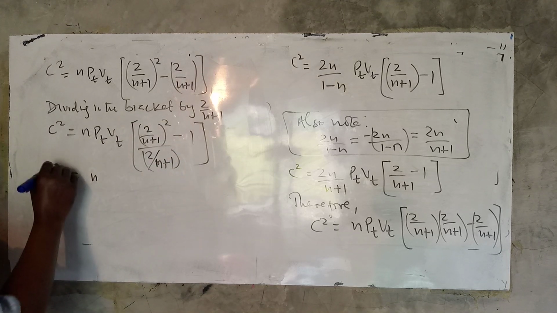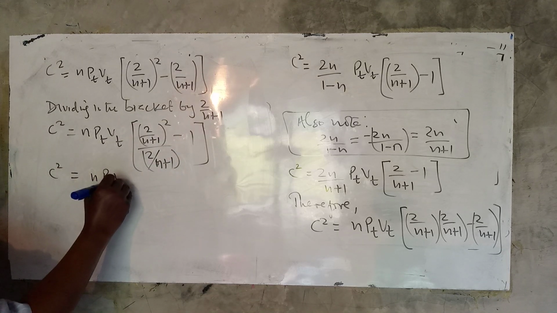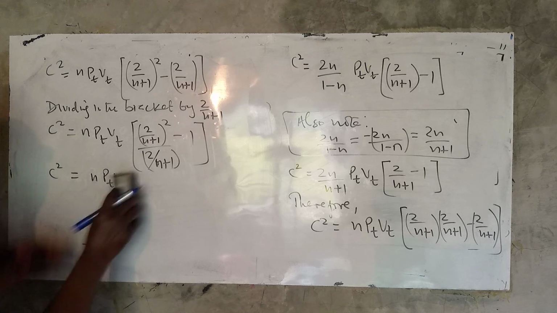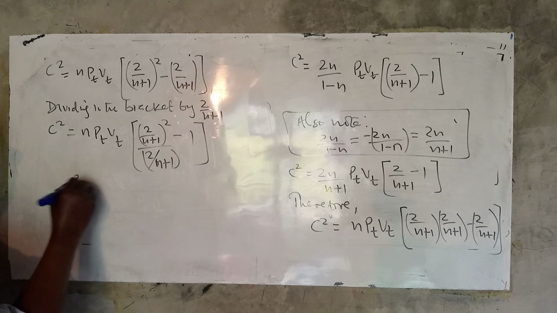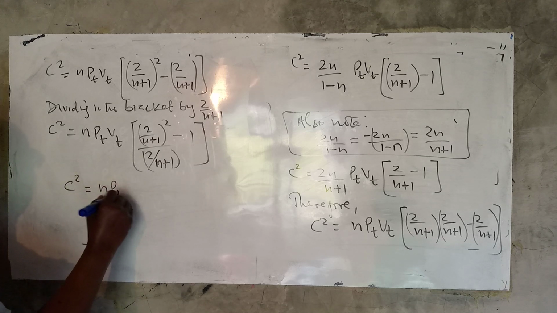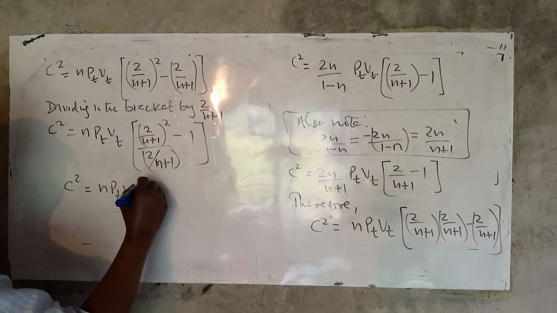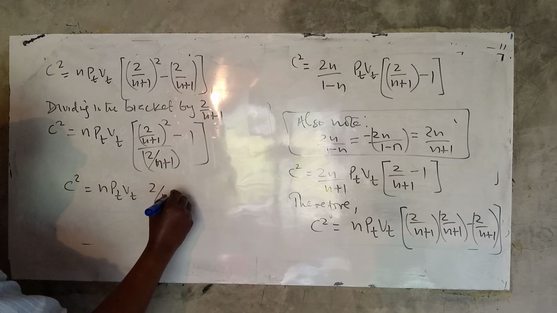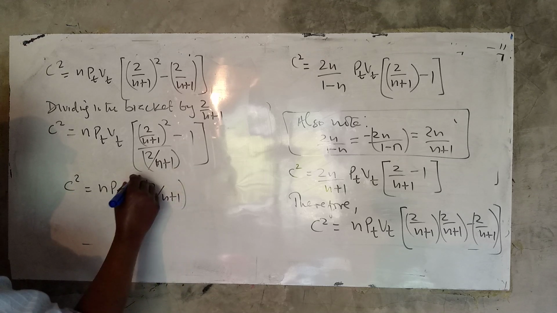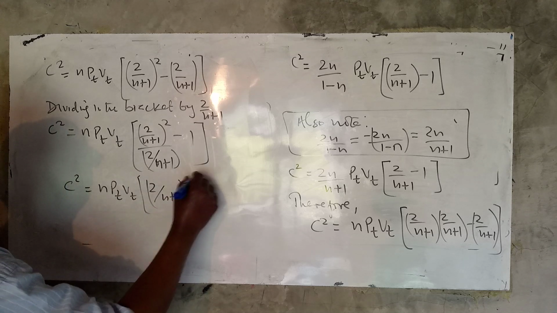That will be n pt vt, as I've written a little bit higher up, n pt vt into 2 over n plus 1 minus 1.